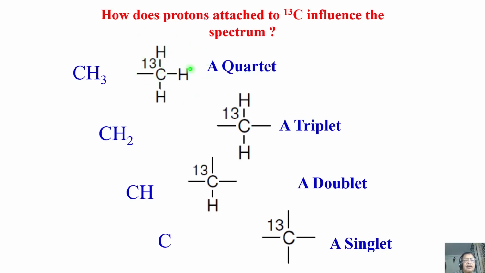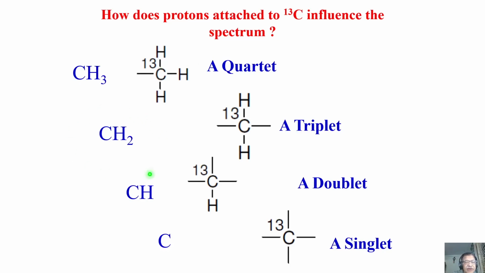It is seeing the protons attached to it. That means there are 3 chemically equivalent protons. Then what is going to happen? Just apply the 2nI plus 1 rule. There are 3 chemically equivalent spin-half nuclei coupled to the carbon. What you will see has to be a quartet of intensity 1, 3, 3, 1. Clear, right?